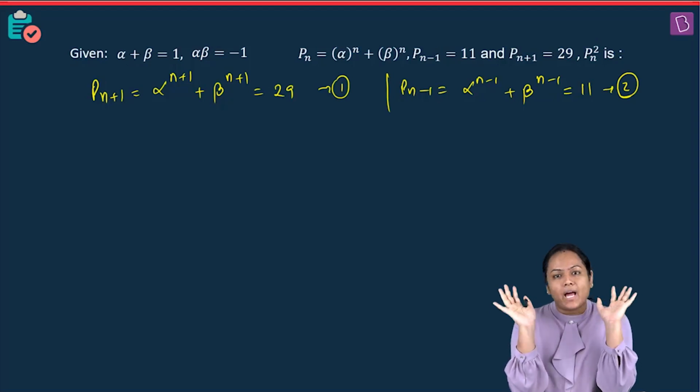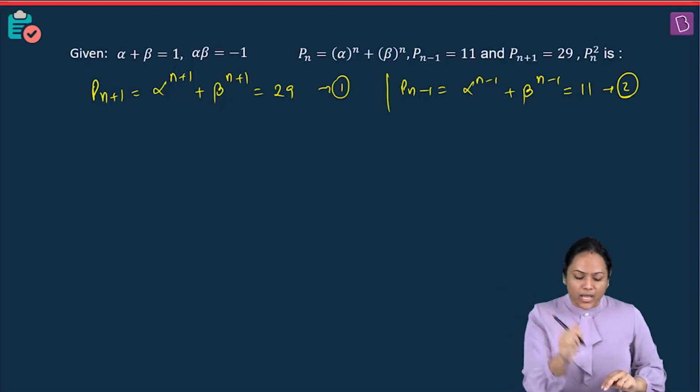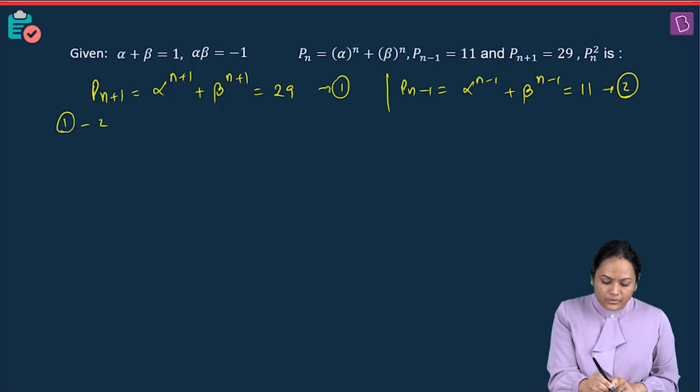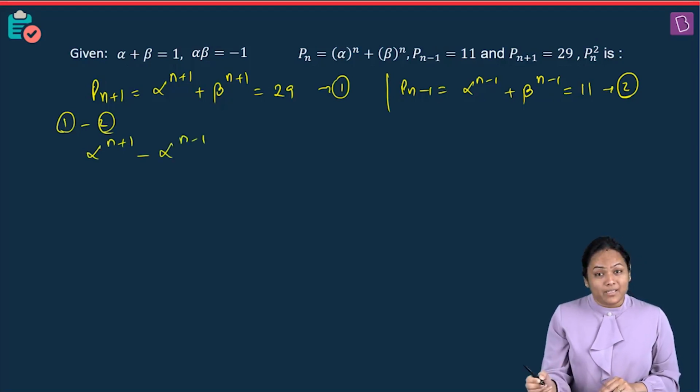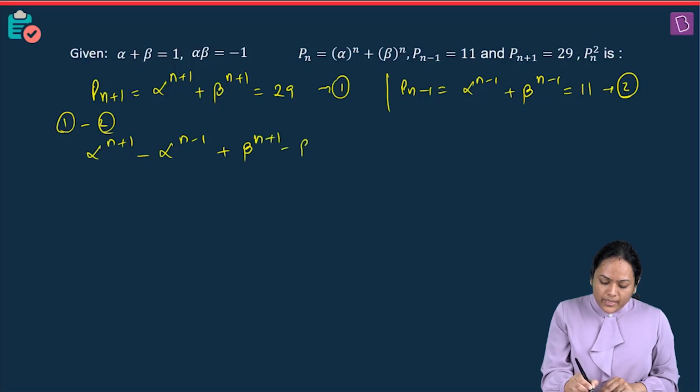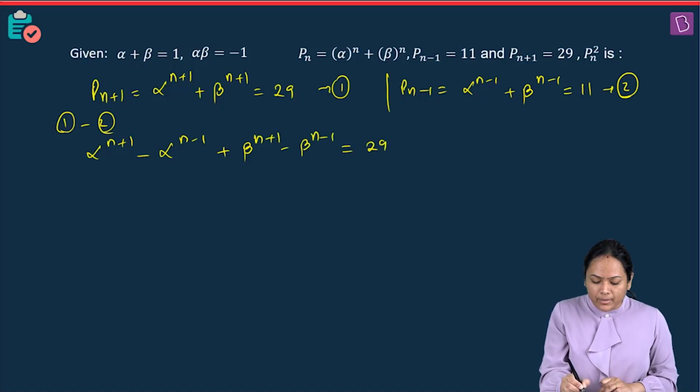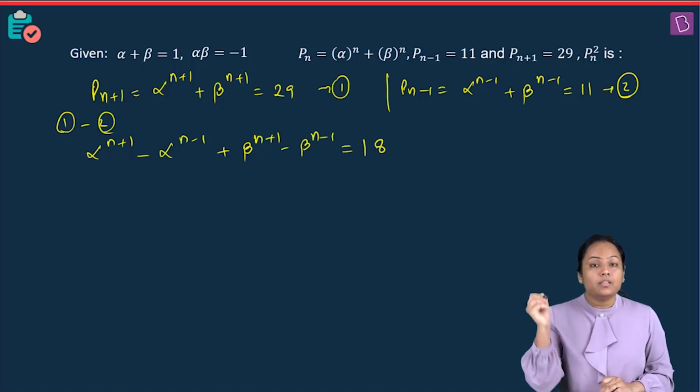Okay, so let's subtract these two equations. When I subtract, I'm writing here 1 minus 2. When I do that, it's going to give me alpha raised to n plus 1 minus alpha raised to n minus 1 plus beta raised to n plus 1 minus beta raised to n minus 1 is equal to 29 minus 11. That is equal to 18.